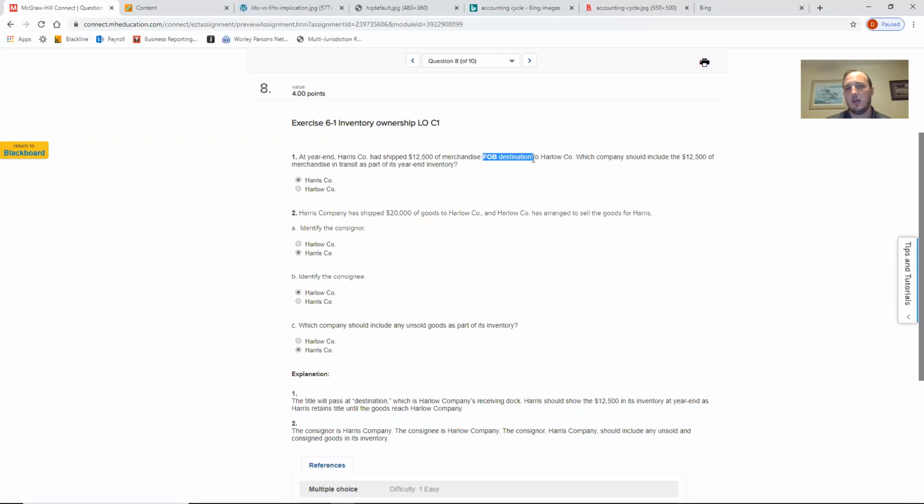So on the UPS losing the package, FOB destination, package is coming to me, UPS lost it, you never gave it to me, it's not my inventory, that's the seller's responsibility. FOB origin, the second it hit the UPS truck, it became my responsibility, and I'm the one that's responsible for any of the insurance. So again, the question is just who pays for the insurance if it's that valuable, who maintains ownership up until the point of delivery.